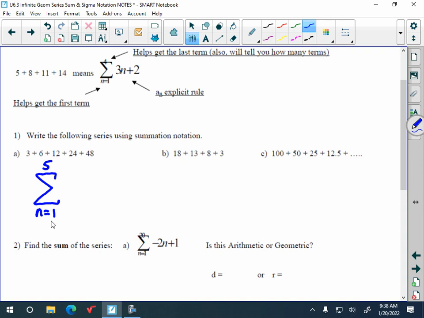You don't write AN equals, so don't put the equal sign. You're just putting everything that's on the right side. Okay, so it's the first term 3 times R, which is 2, raised to the n minus 1. So all of this is the same thing as writing this out. Exactly the same thing.